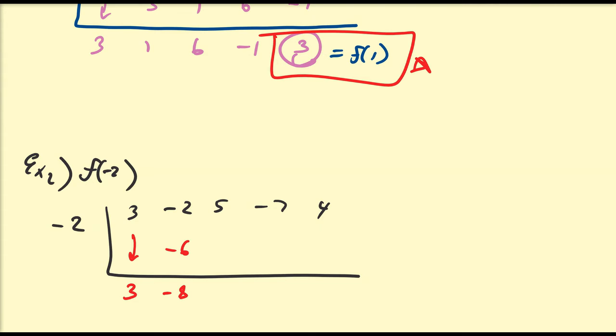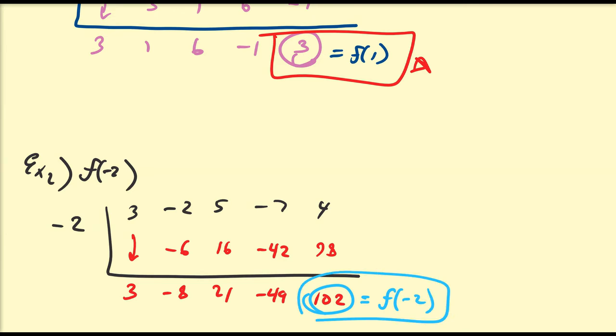Minus 2 times minus 8 is positive 16, plus 5 is 21. 21 times minus 2 is minus 42, and minus 42 plus minus 7 is minus 49. Minus 49 times minus 2 is positive 98, and 98 plus 4 is 102. And as we already know, this is f of minus 2.